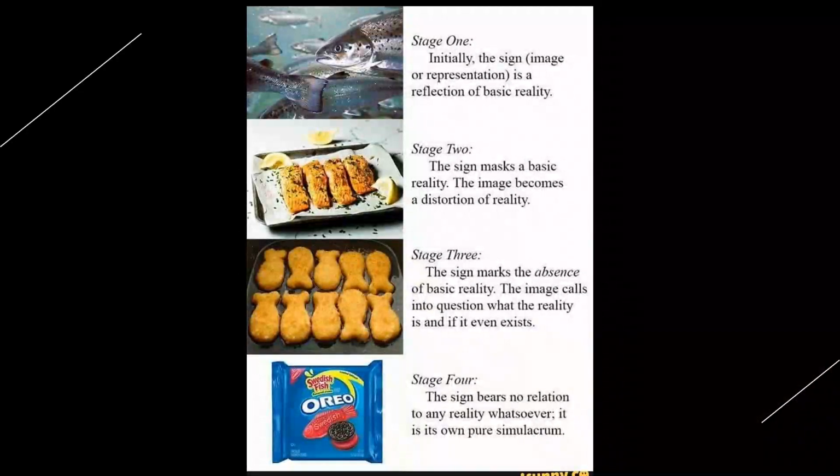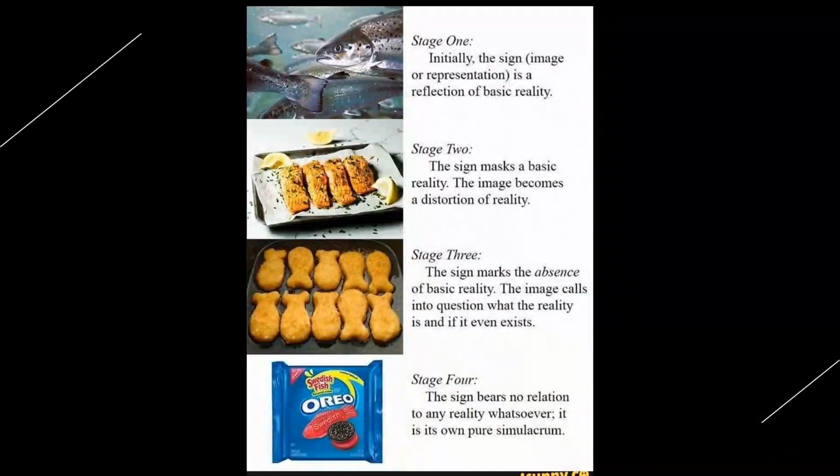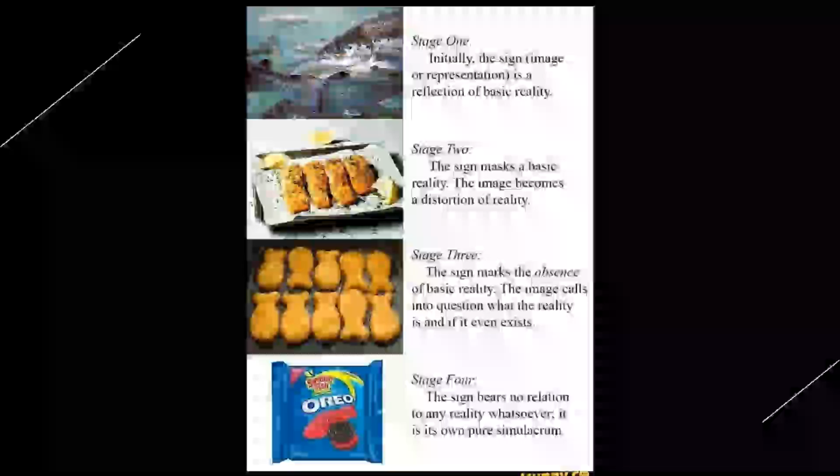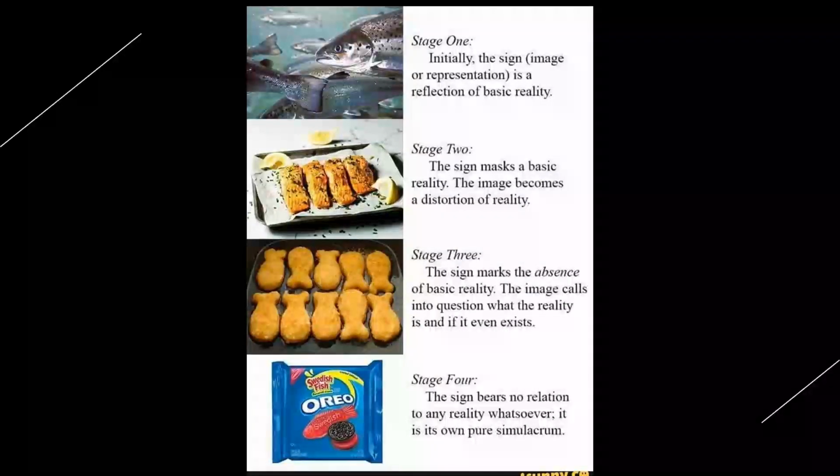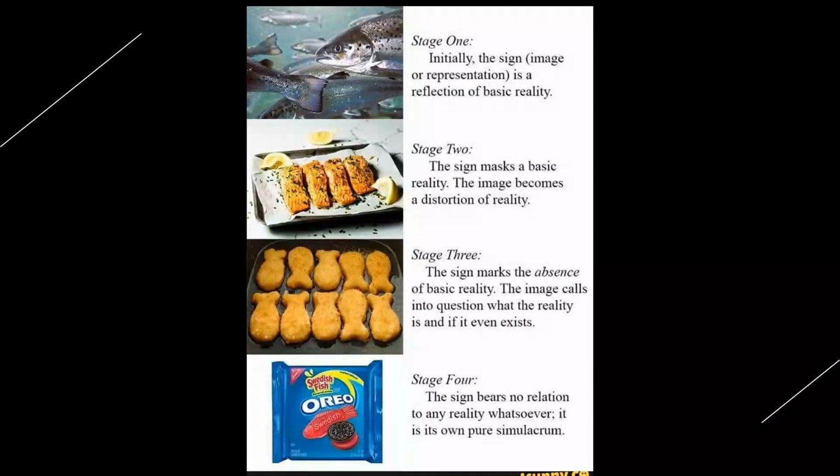Barthes emphasizes that the relationship between the signifier and the signified is arbitrary. In other words, there is no inherent connection between the physical form, or signifier, and the meaning, signified. This relationship is established by society and culture through conventions and shared understandings.